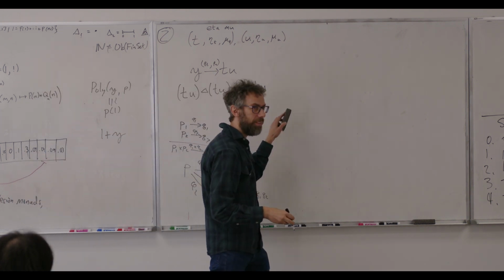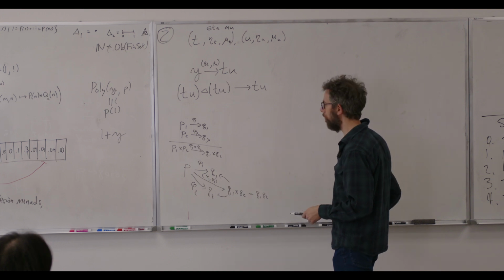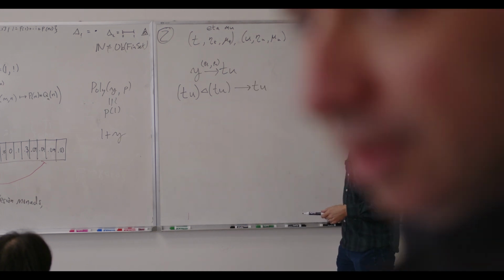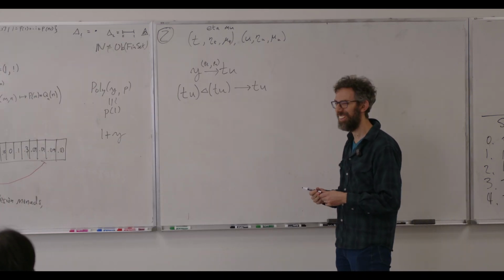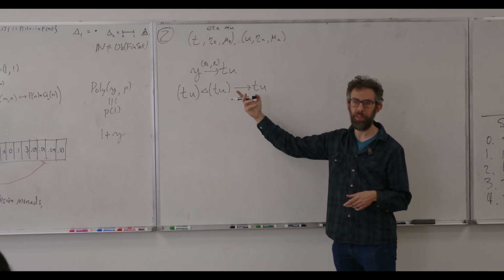Now we need this one. How do we get a map from TU composed TU to TU? That was just some timesy stuff. Sorry, Nate. How do we get this map?